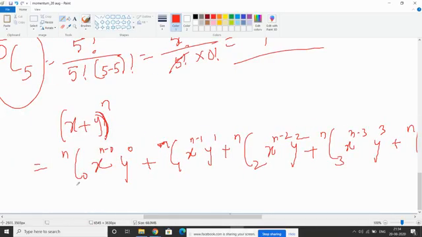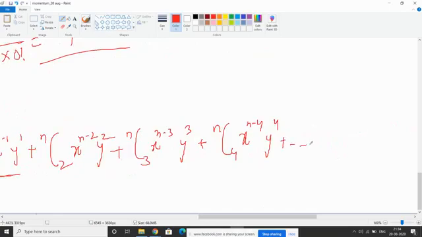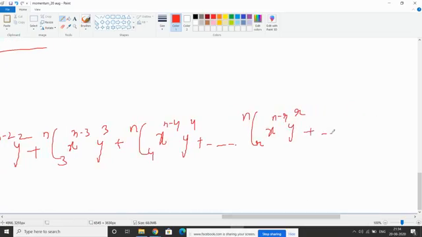So we're starting with 0, then 1, 2, 3, 4. Let's generalize it: nCr x^(n minus r) y^r, and the last term will be nCn x^(n minus n) y to the power n.